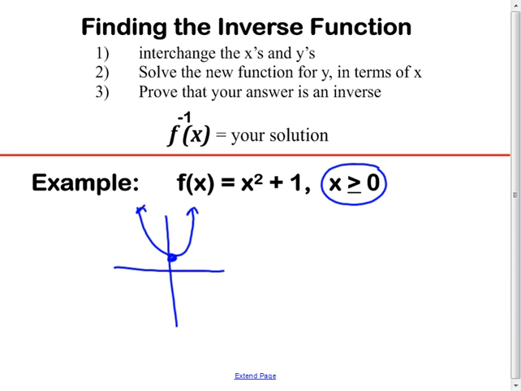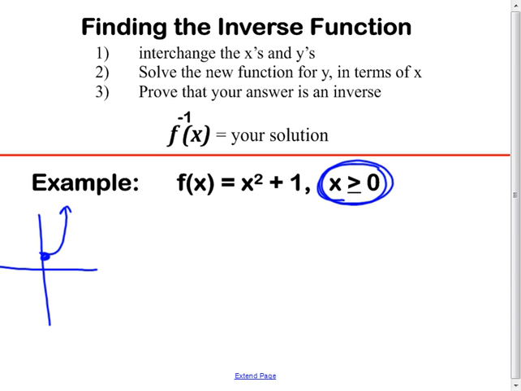So what I'm telling you is that you can only find the inverse for x values that are greater than 0. Because if I look at just this part of the graph, where the x values are greater than 0, now not only do I have a function because it passes the vertical line test, but I also have a one-to-one function because it passes the horizontal line test as well.